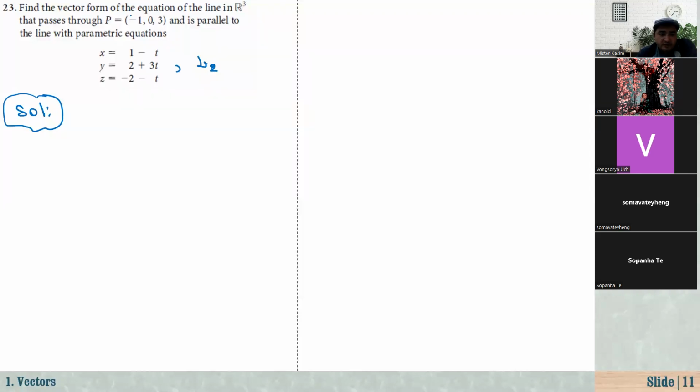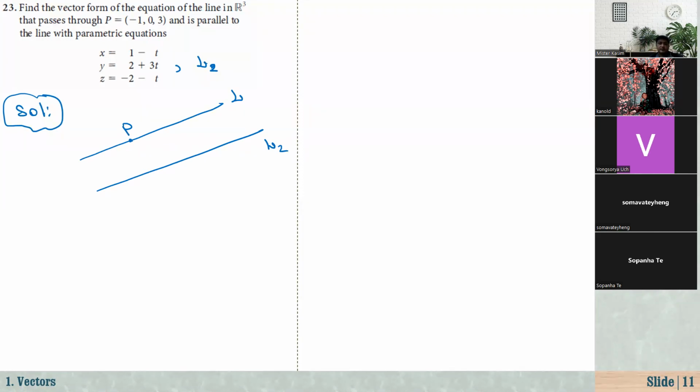So what is the question? Find the vector form of the equation of the line that passes through this point and is parallel to the line. This one is L2, so we are looking for another line, L, that is parallel to this and passes through the point P.